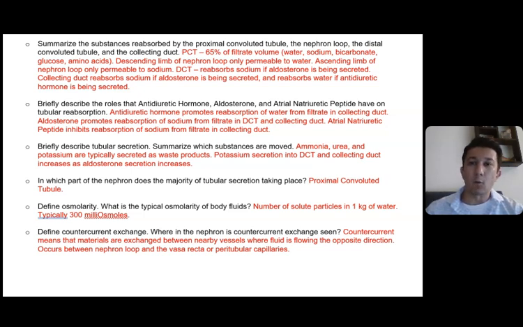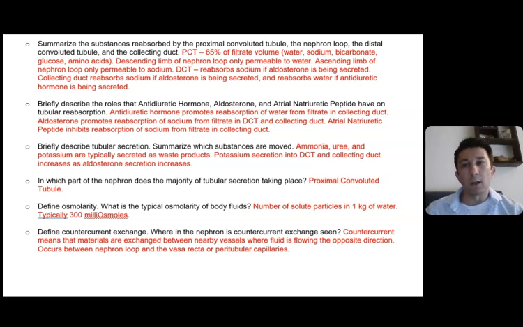And antidiuretic hormone primarily works in the collecting duct because the hormone essentially tells the collecting duct to create aquaporins. And when those aquaporins are created, that's going to allow water to diffuse from the filtrate back into the bloodstream. So antidiuretic hormone is specifically looking to control water reabsorption as filtrate moves through the collecting duct.